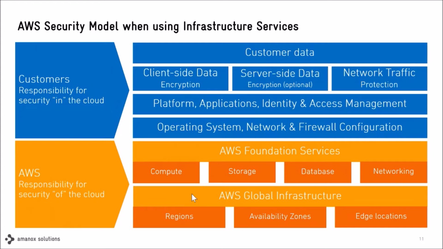The infrastructure comprises hardware, software, networking, and facilities that run AWS services.